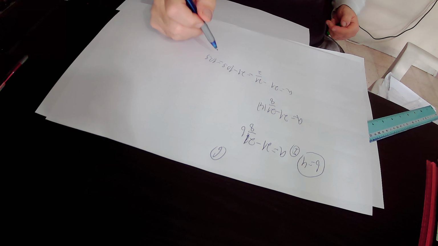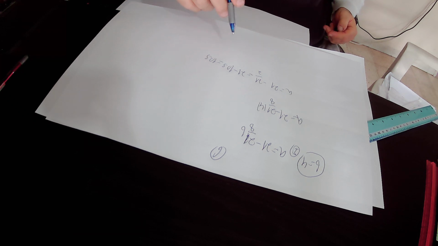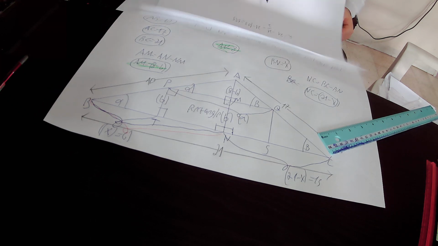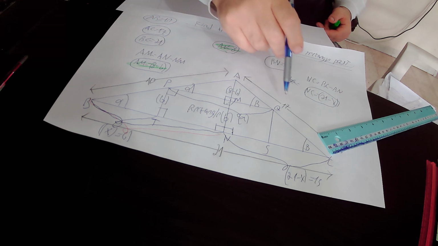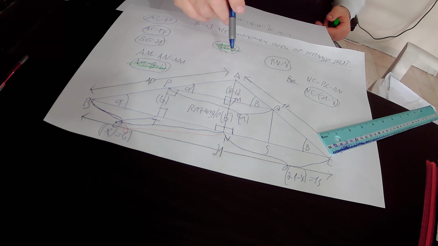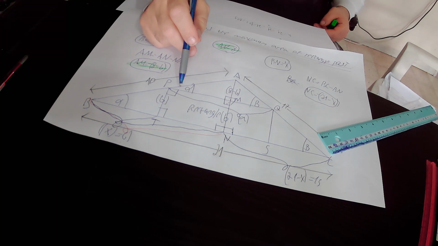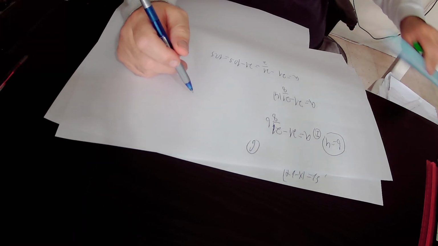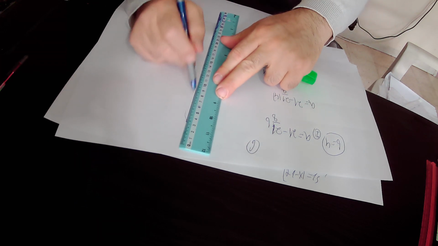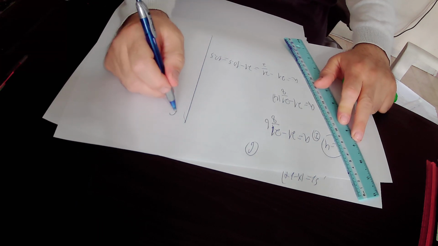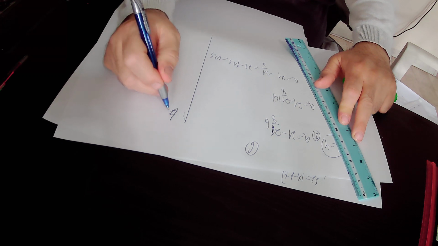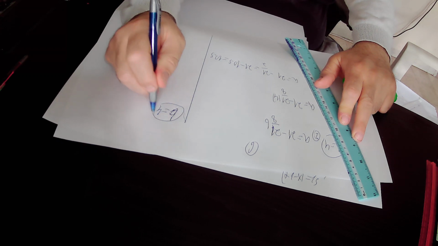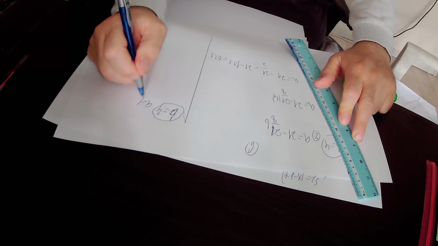So in conclusion, we found out that when the maximum area of this rectangle PQST equals 42 square units, the width B is 4, and the length A is 10.5. And again, the width B is 4, and the length A is 10.5.